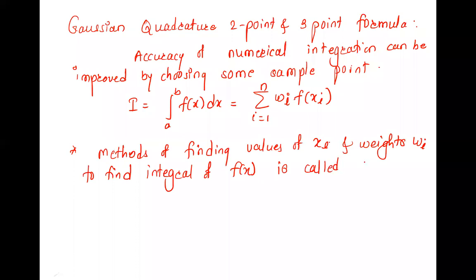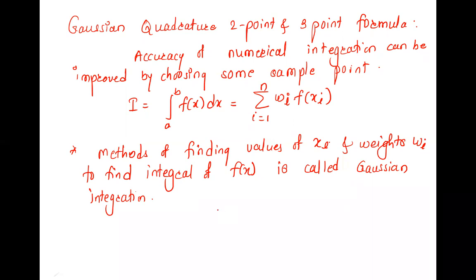So if the integration of the function from the limits a to b is asked, then for such integration you can write summation of wi into f of xi. We need to find these wi's and xi's, and the method of finding these wi's and xi's and substituting in this is called the Gaussian integral.